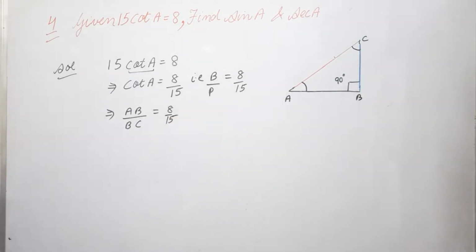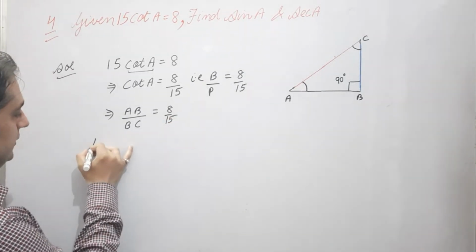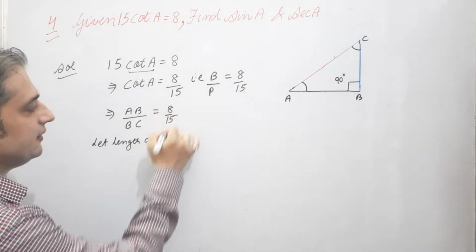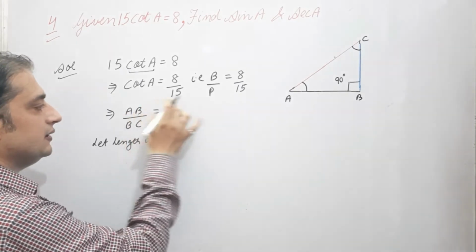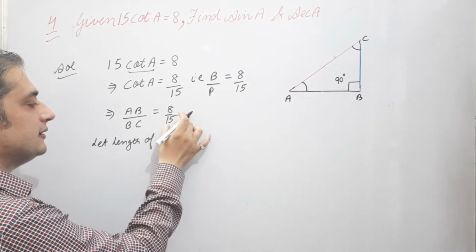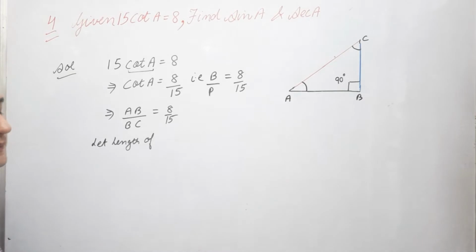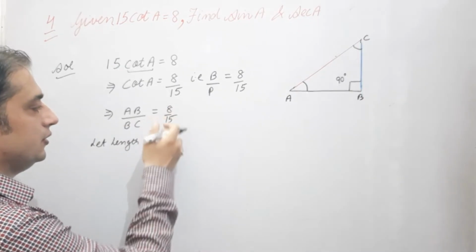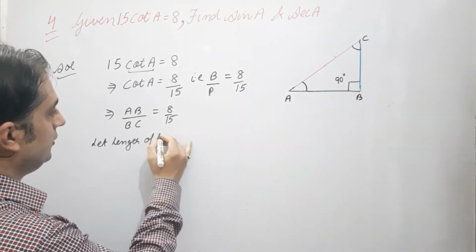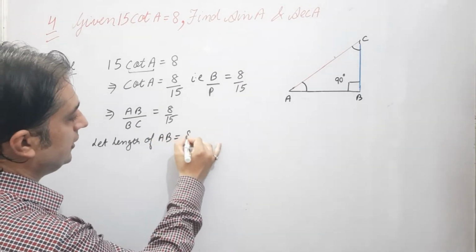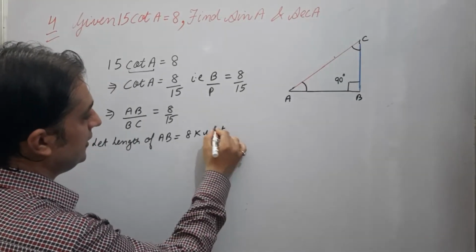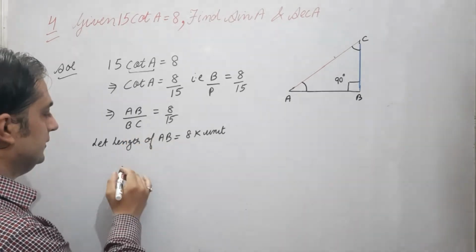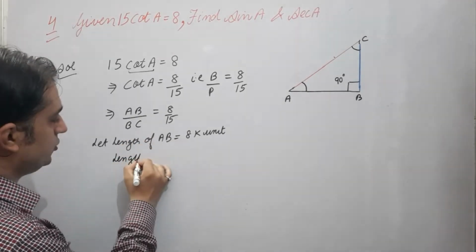Same steps. Here 8 is not the length of AB, and 15 is not the length of BC, because the ratio is given. After reducing it to the lowest form, let the length of AB be 8k unit, where k is some positive real number, which cancels out when we take the ratio.